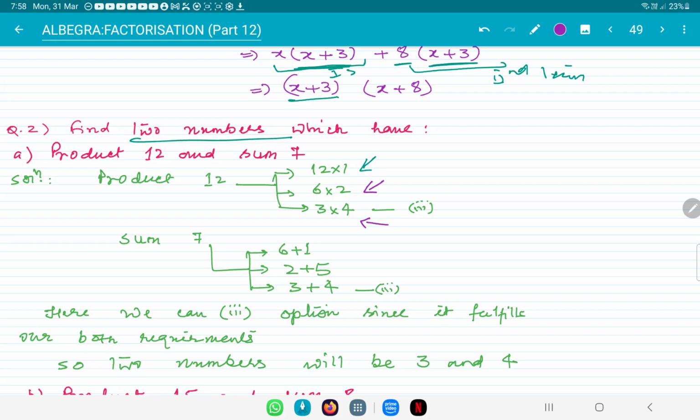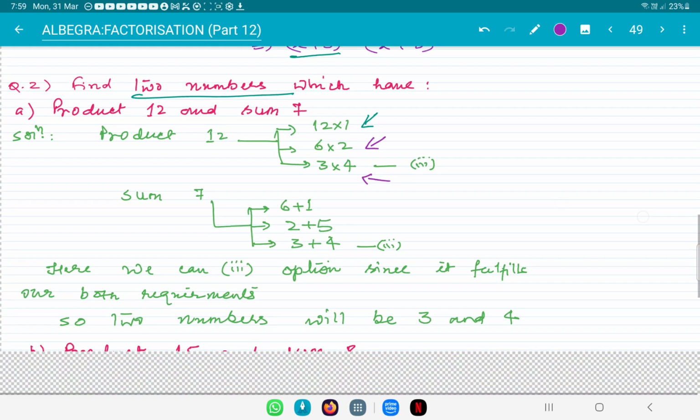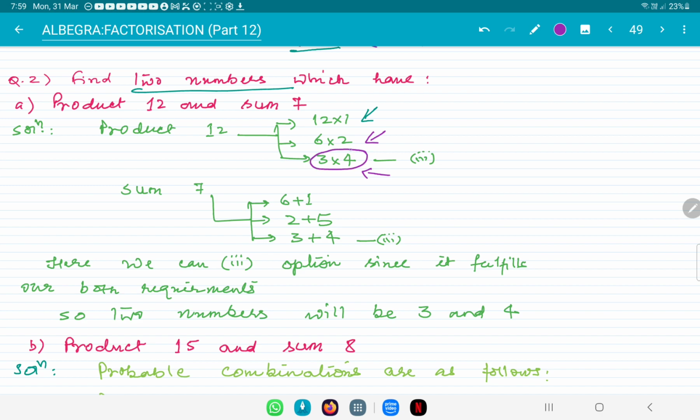Now check which pair gives sum 7. If we take 3 into 4, its product is 12, and 3 plus 4, its sum, is 7. So the required two numbers will be 3 and 4.